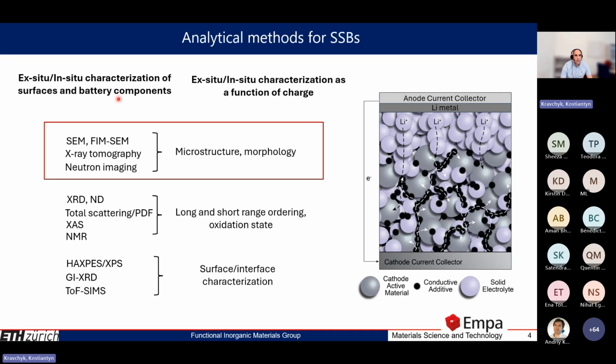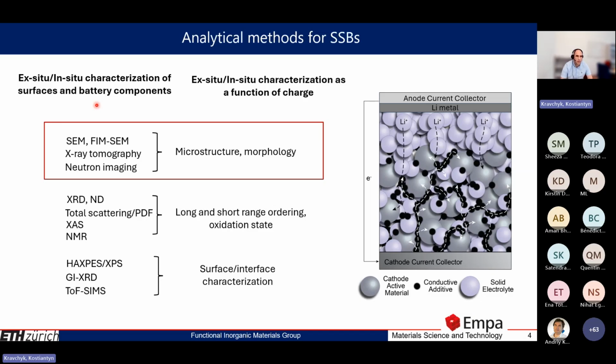It means that you can characterize your active material, or particles of your active material, during the synthesis. This is also part of the story, because eventually the history of your cathode active material might impact the performance of the solid-state battery as well.